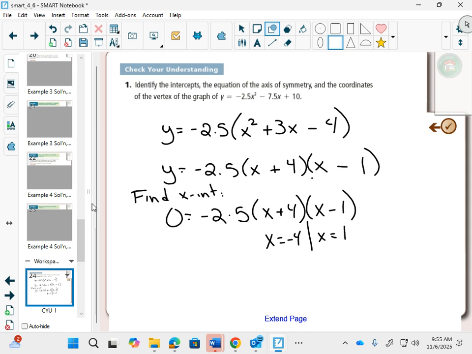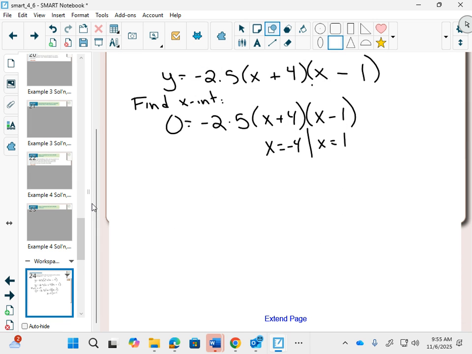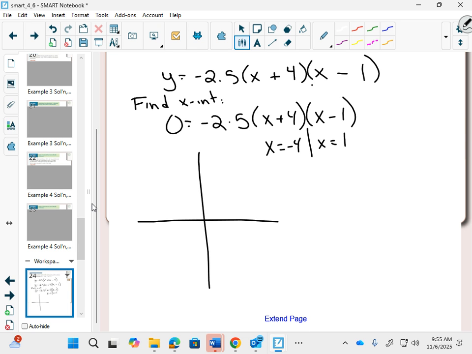If I was drawing this on a graph, I would know the following. 1, 2, 3, 4. X-intercept, negative 4 comma 0. And x-intercept at 1 comma 0.